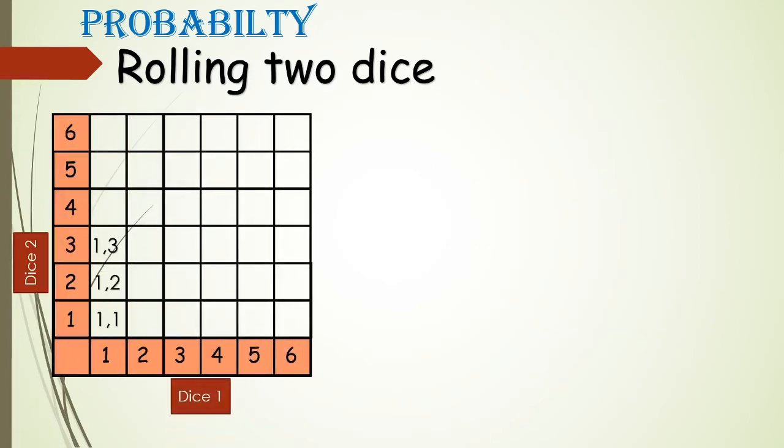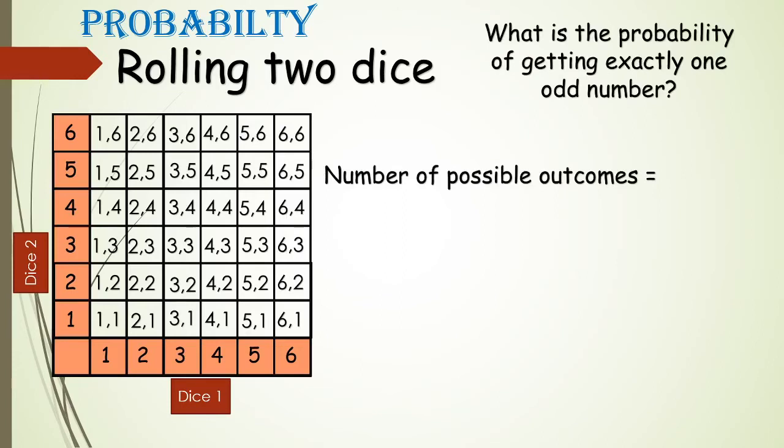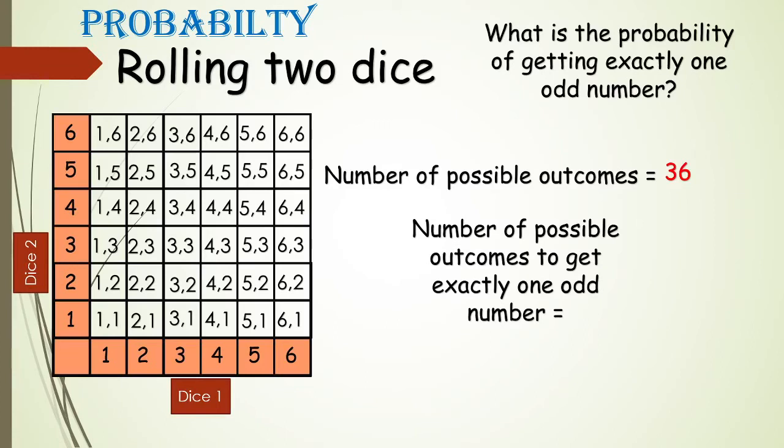Still rolling 2 dice, but this is now our scenario for this problem. This is the question: what is the probability of getting exactly 1 odd number? So you know for a fact already it's 36 outcomes. Now, where is the exactly 1 odd number there?